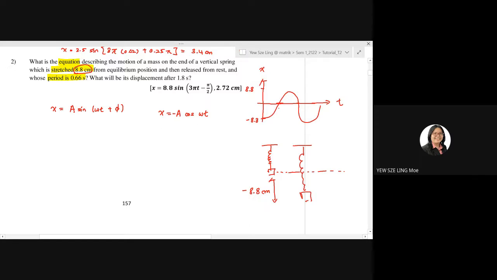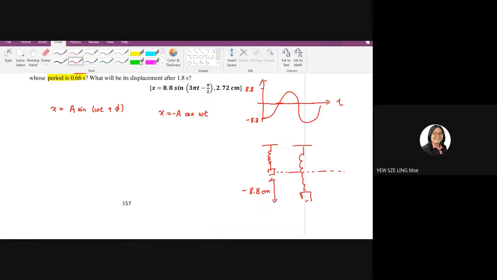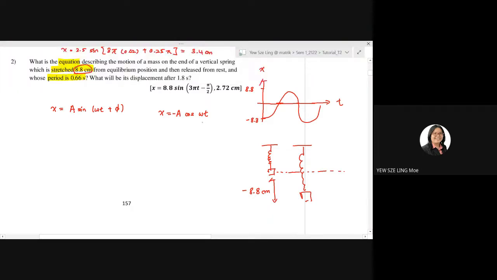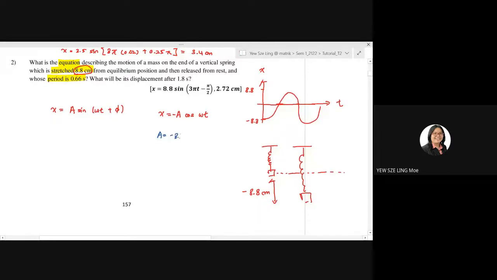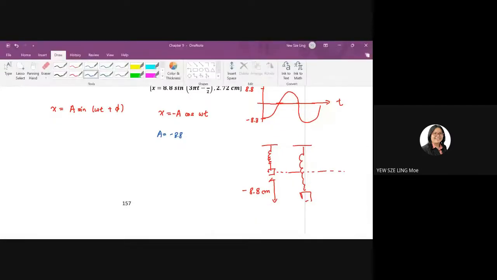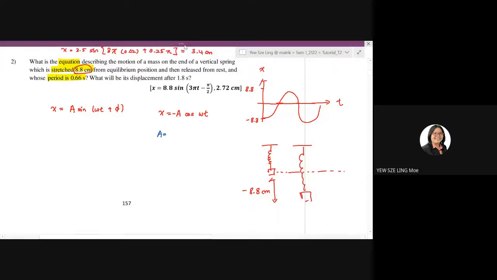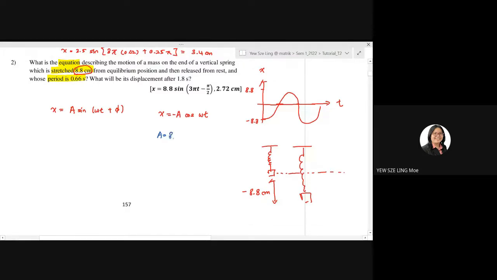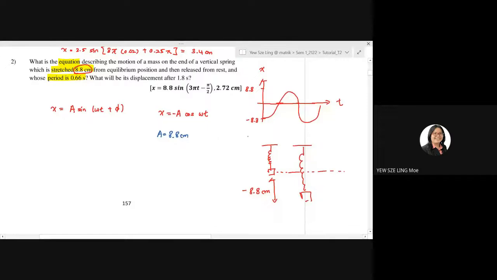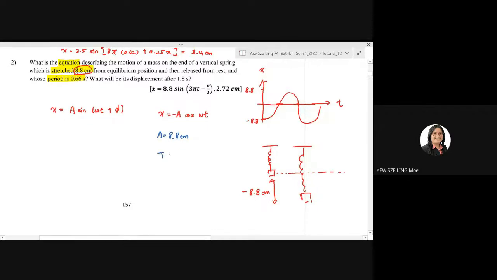So how are we going to form the equation? Based on the graph that I sketched, I know my A is negative 8.8 cm, or I can just say 8.8 cm. The negative is just for you to know what the shape looks like. And then you are given period T equals 0.66 second.